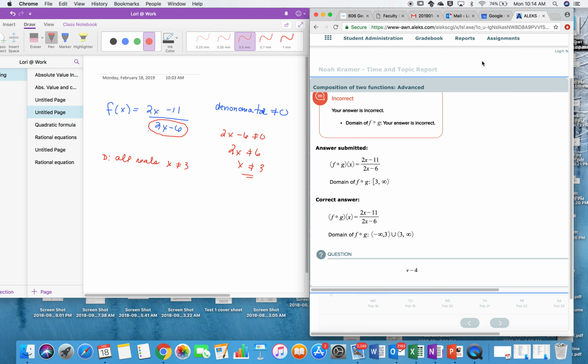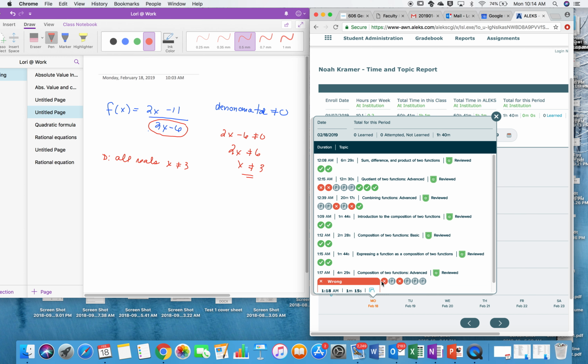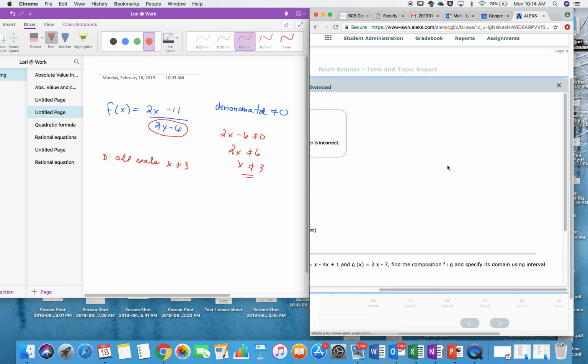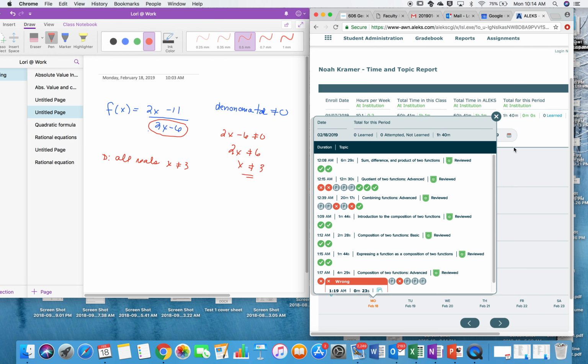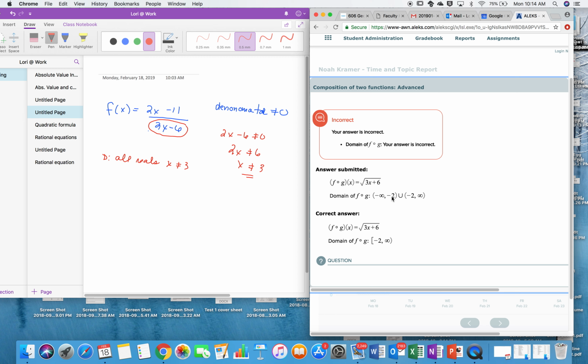Now, if you look at some of these other ones, let's close this one. The next one that you took a look at was here. Okay, that was the same one. All right, let's look at this one. Now in this case, you went with a solution similar to the one that we just talked about, just excluding 3.